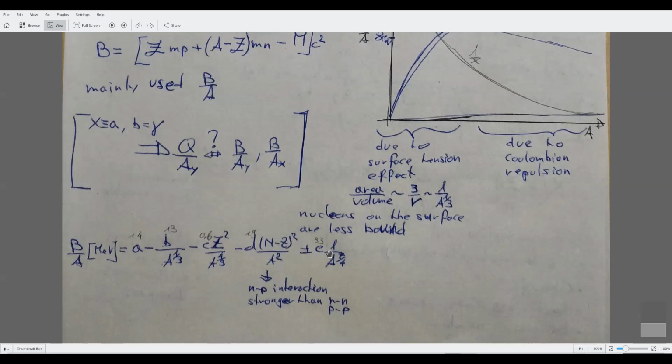And then the parity correction doesn't matter.